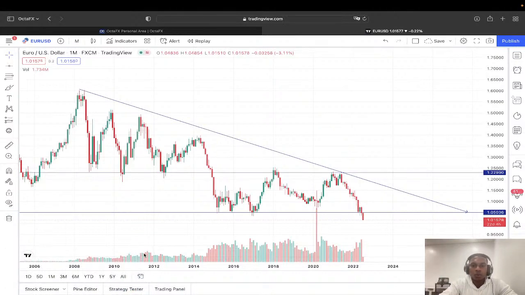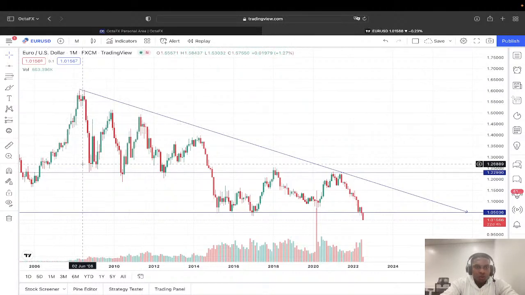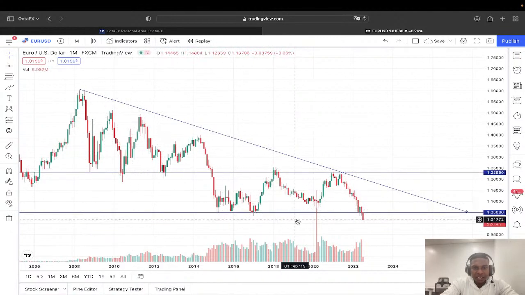So what I am doing here is, first I draw a line across every level where price had created a footprint. This level, we could see price footprint here. This level, we could see another price footprint here.